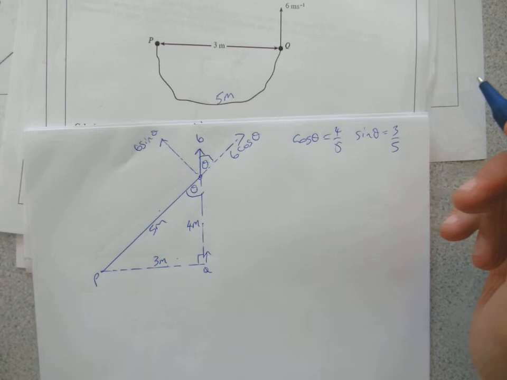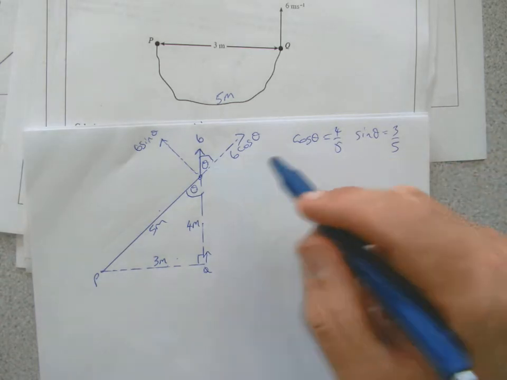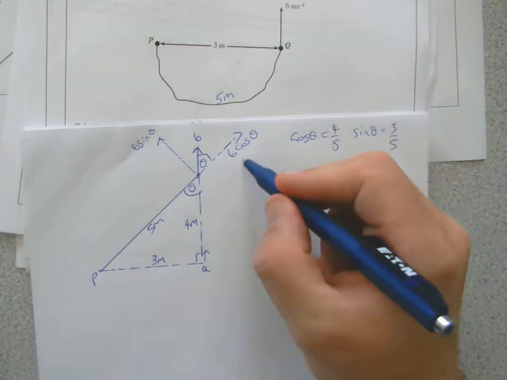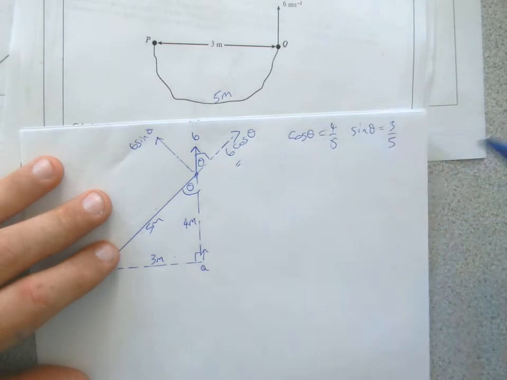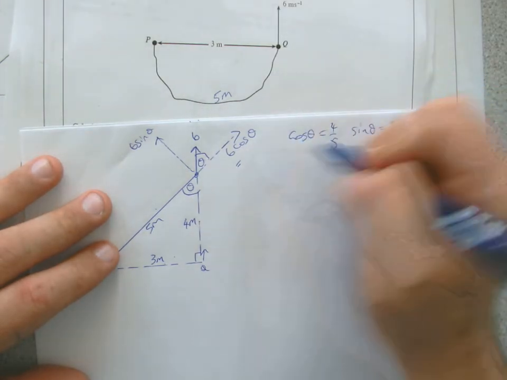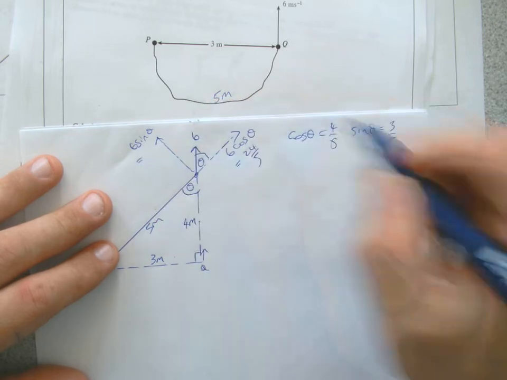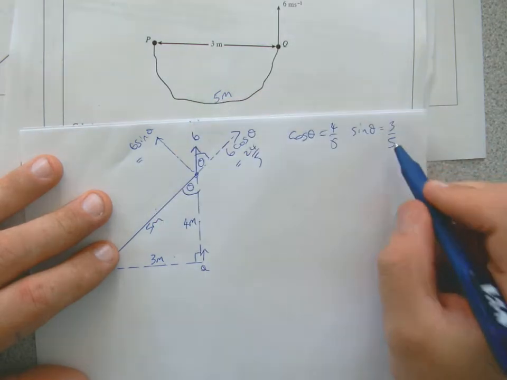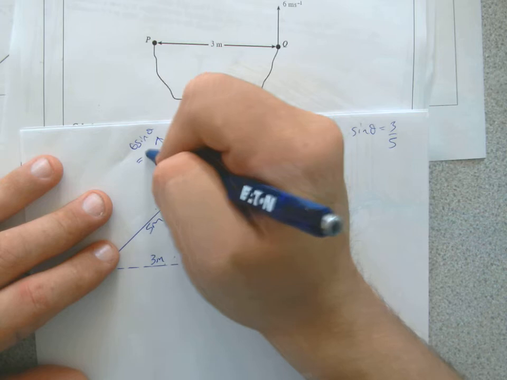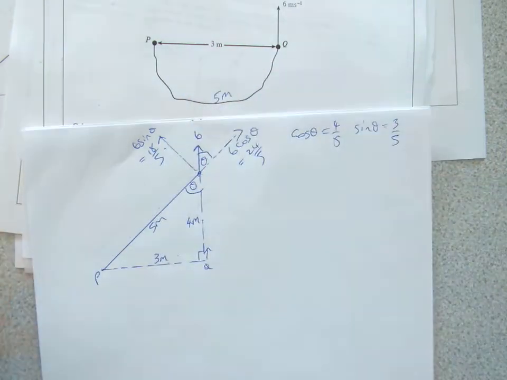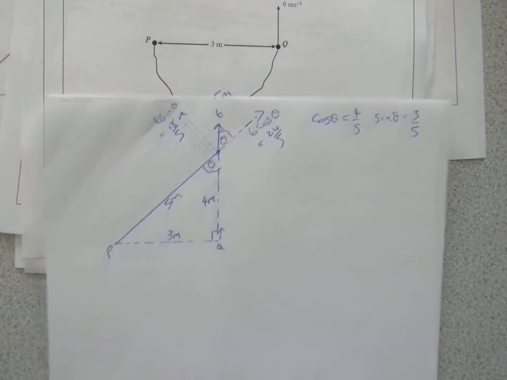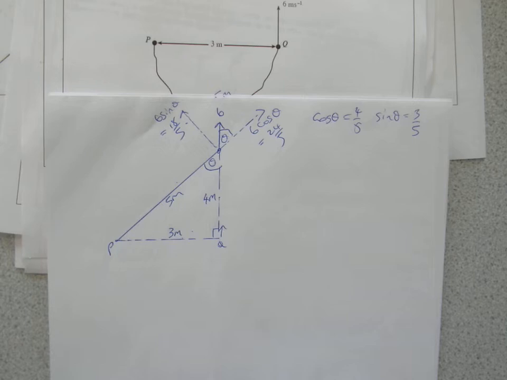So we've got those components resolved. Ultimately 6 cos theta is 6 times this, so that'll be 24 over 5, and 6 sine theta will be 6 times this, which is 18 over 5.